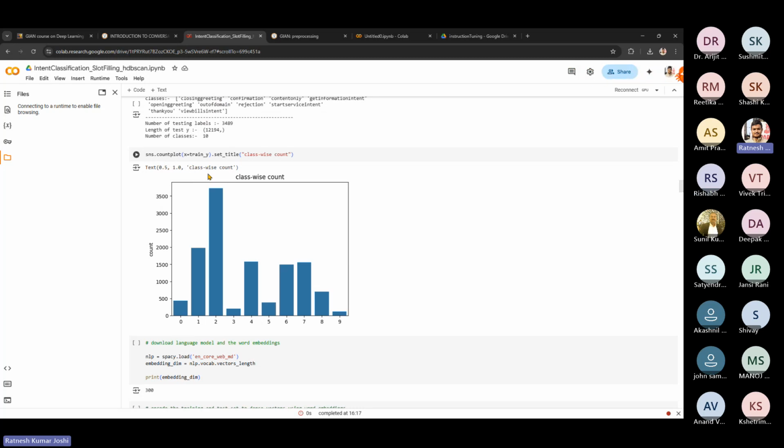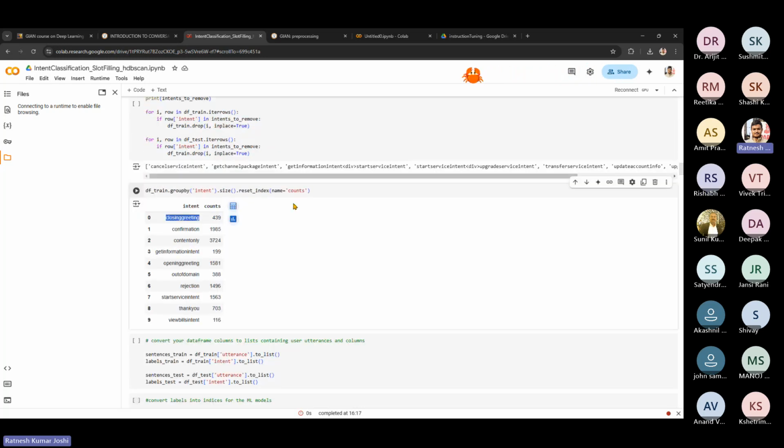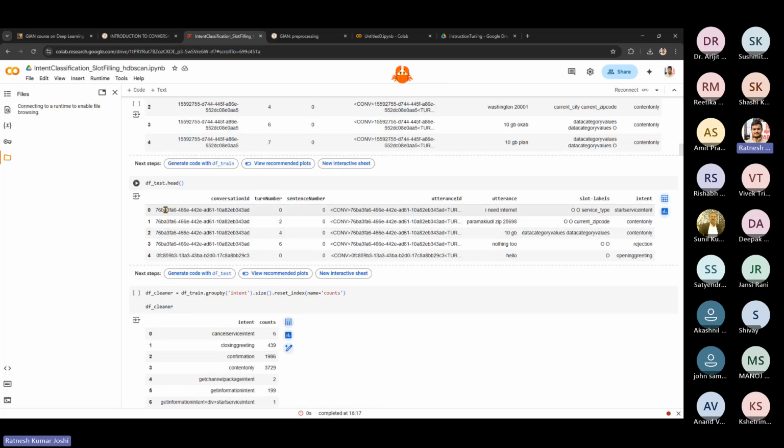Generally, there are methods to remove these kinds of issues as well. One of the most prominent methods is to generate synthetic data, right? So create more examples of the same kind of data. For example, this is one sample of data corresponding to service intent, "I need internet." You generate another sample with very minor modifications, something like "you need internet," and in this way generate synthetic data.